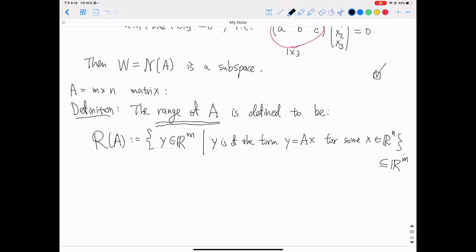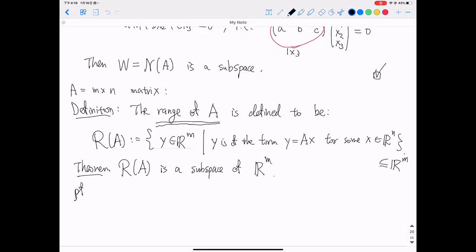Now, let's see here. Theorem. You expect, of course, that the theorem is going to say that the range of A is a subspace of Rm.